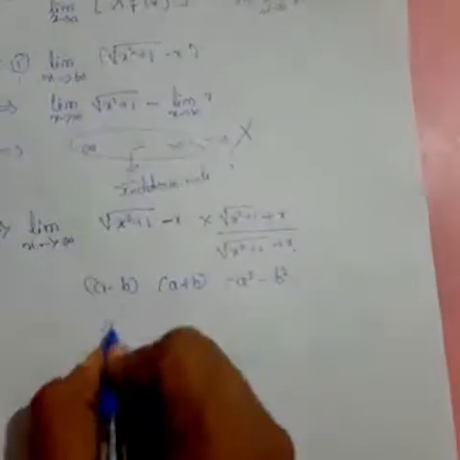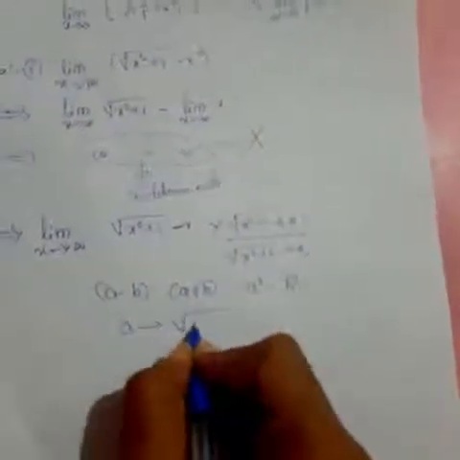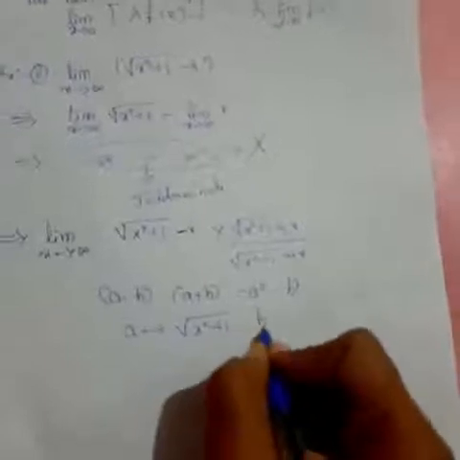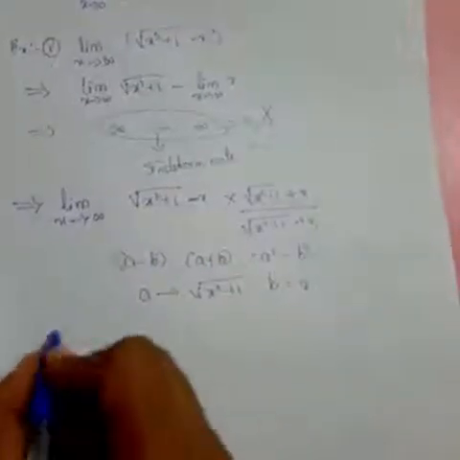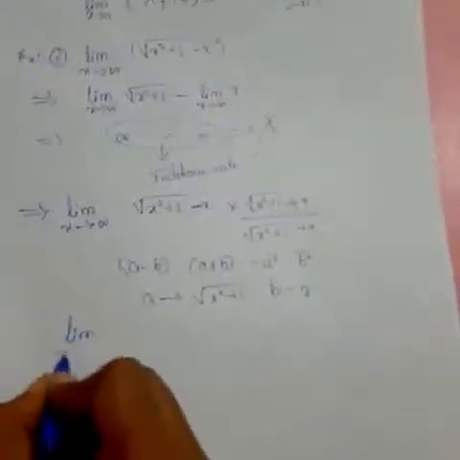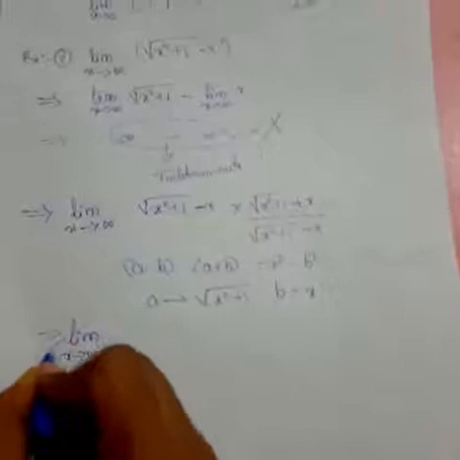Here a is the square root of x square plus 1 and b is x. Put these values. The limit stays as it is, don't forget to write it.